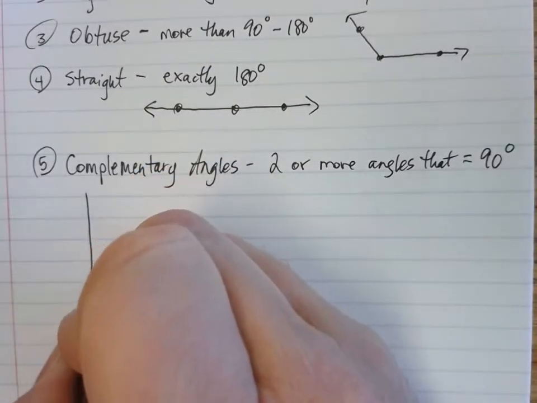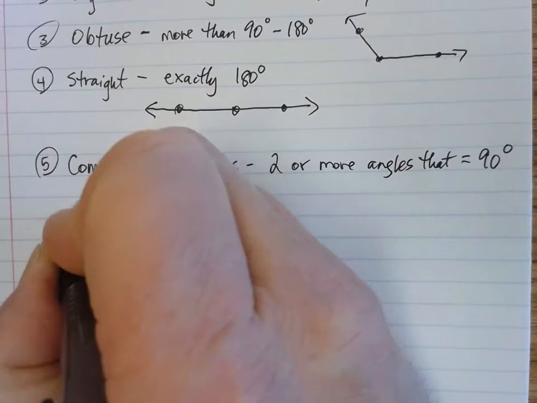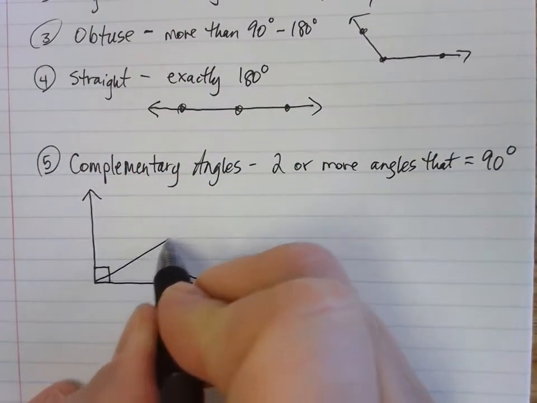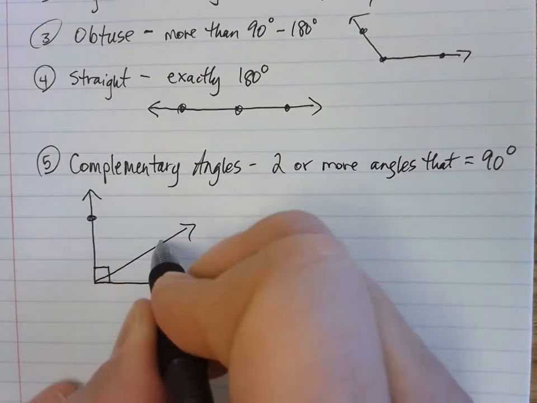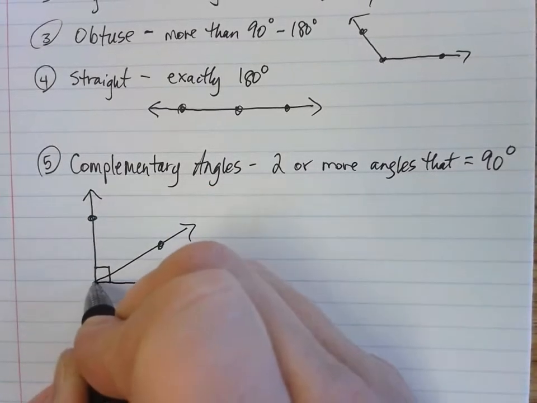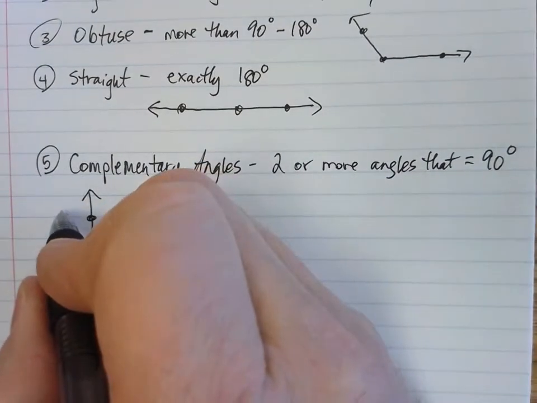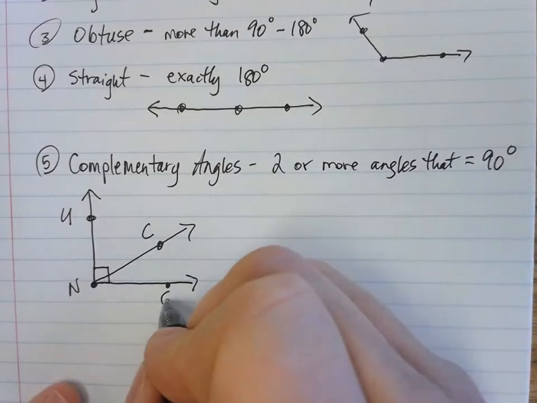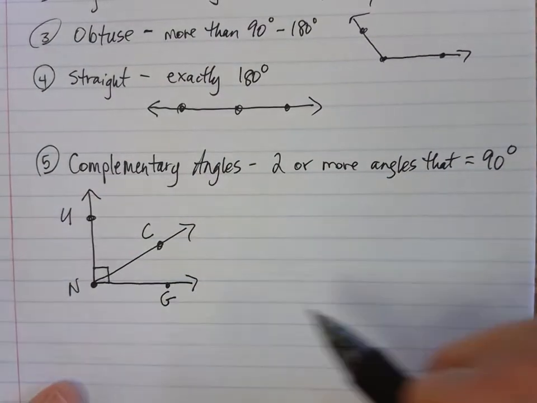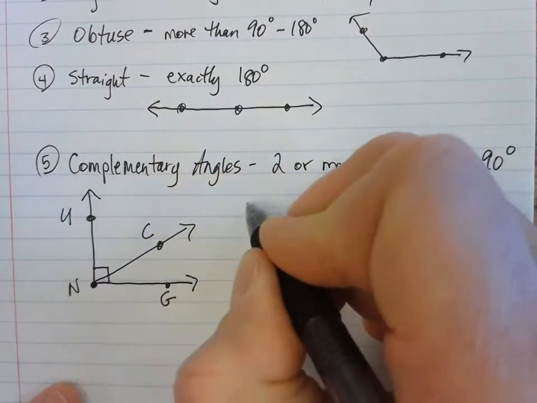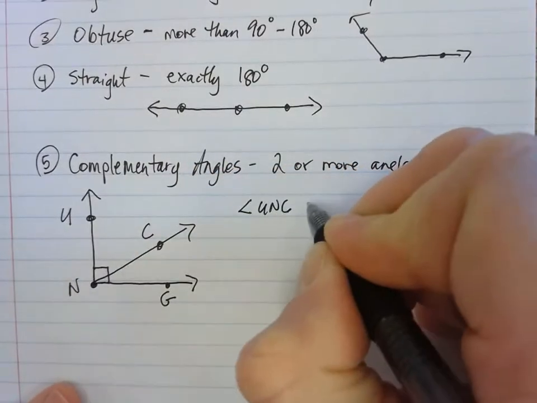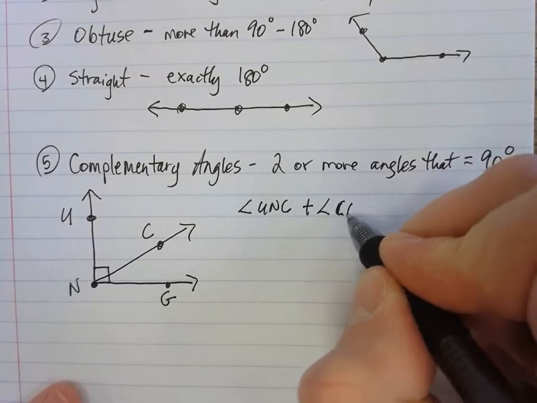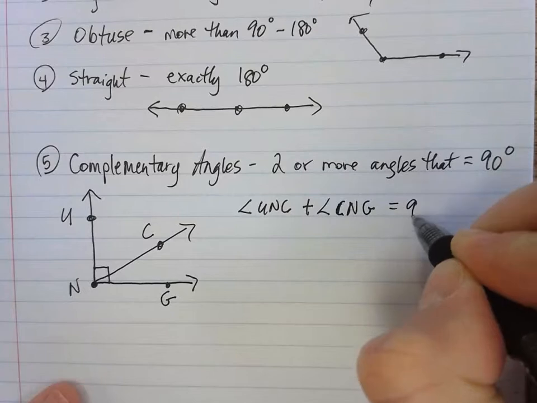We're going to work on some of these and see how they work. Usually you're going to get a little picture like this, with that little square in the corner, and it will be divided up into two different angles. I'm going to give these some lettering: U, N, C, G. So angle UNC plus angle CNG equals 90 degrees.